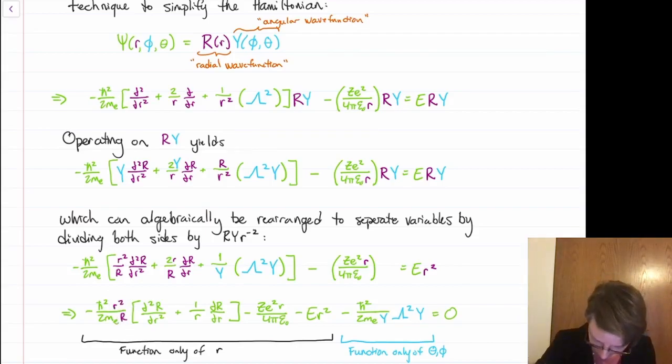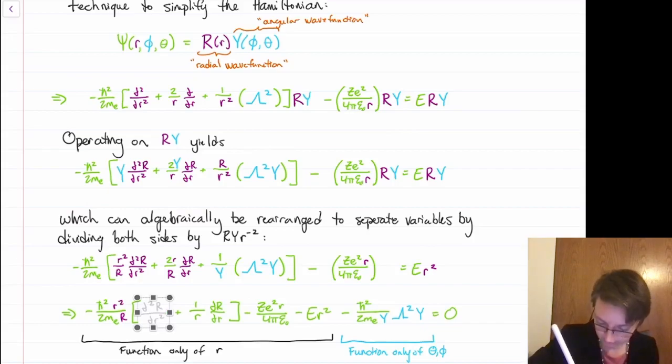And then in the middle section I have a number of terms that just depend on my angular coordinates. And this is exactly what I wanted to happen in order to make sure that my separation of variables technique would work.